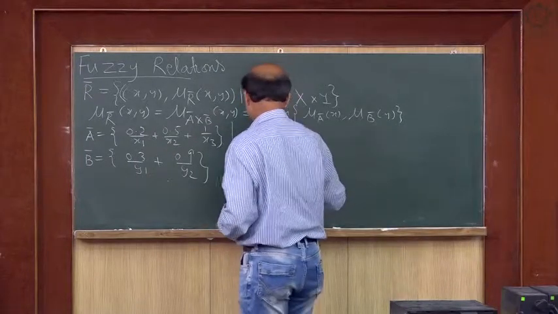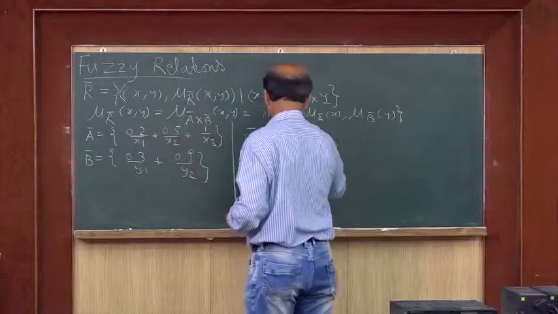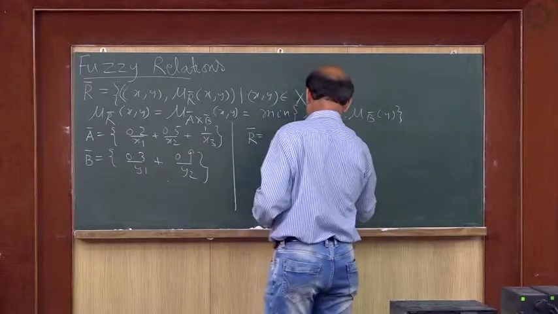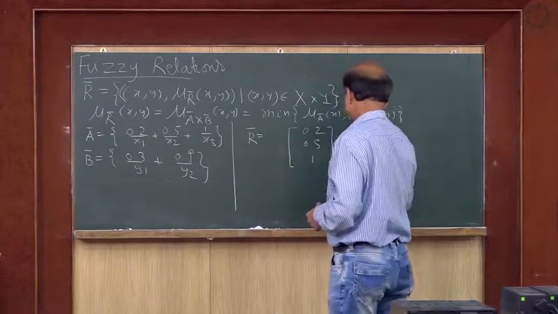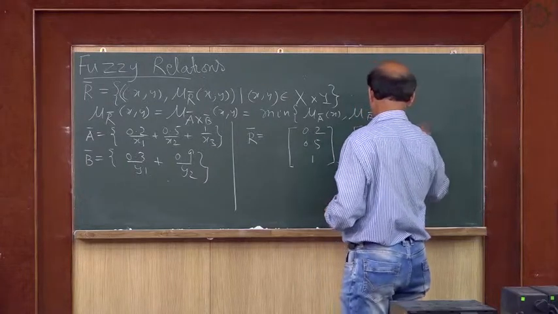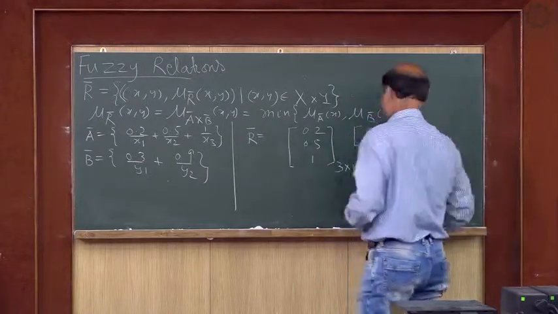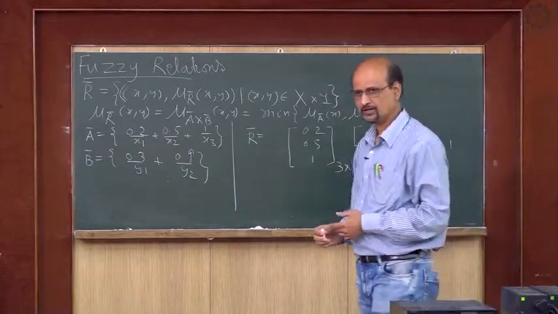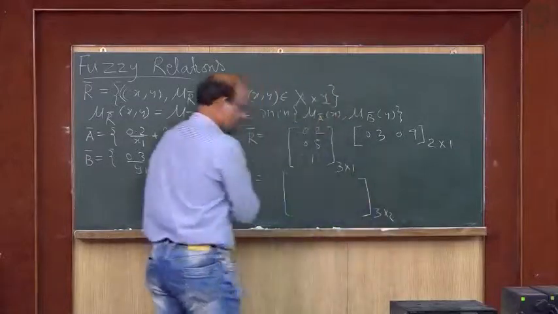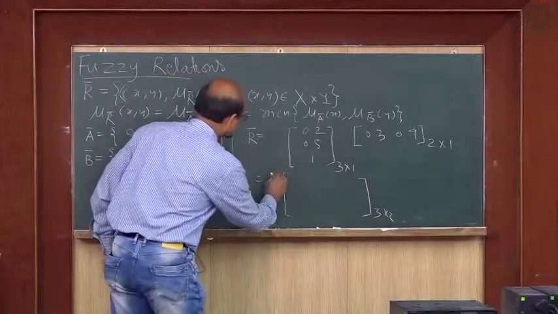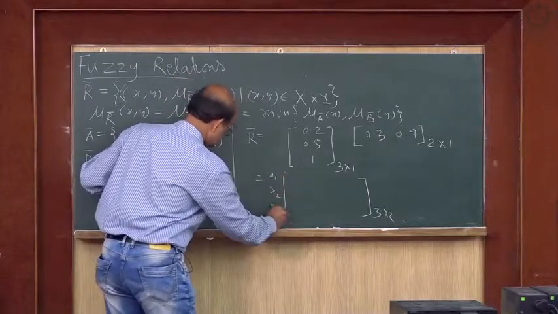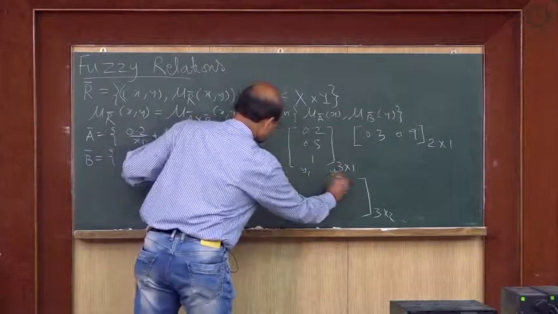First I write 0.2, 0.5, 1, this is 3 by 1, and for y, that is 0.3, 0.9, this is 2 by 1. Then we form the matrix as 3 by 2, with rows x1, x2, x3 and columns y1, y2.